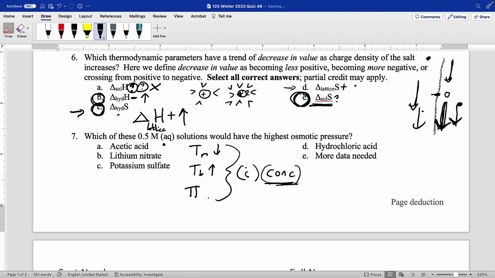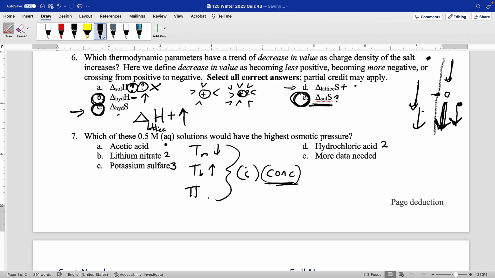So let's write the Van't Hoff factor. Lithium nitrate, that's going to be 2 because you've got 1 lithium ion, 1 nitrate ion. Potassium sulfate is going to be 3 because you've got a -2 ion here, so that's going to give you 2 potassium ions for every formula unit. Hydrochloric acid is going to be 2. You dissolve this molecule in water and it splits up into chloride ion and hydrogen ion.